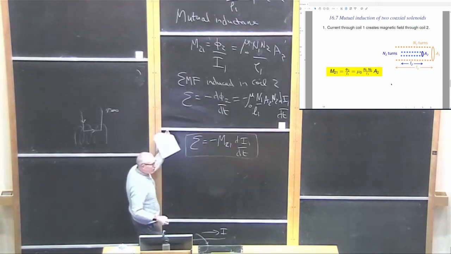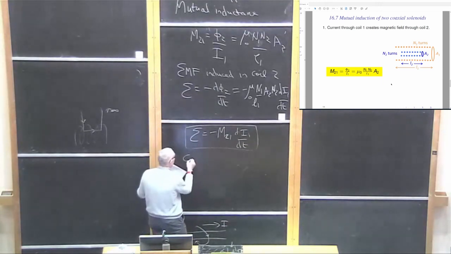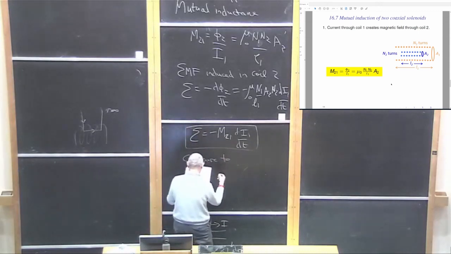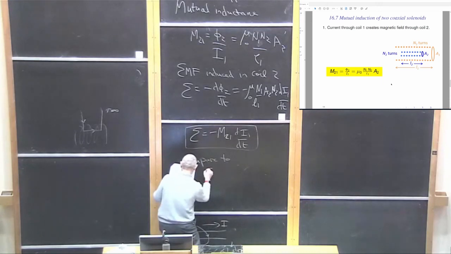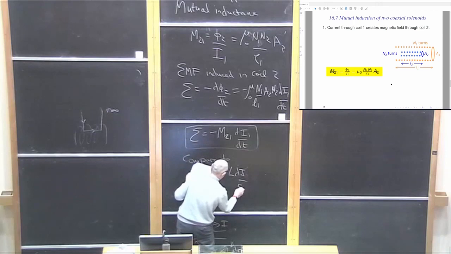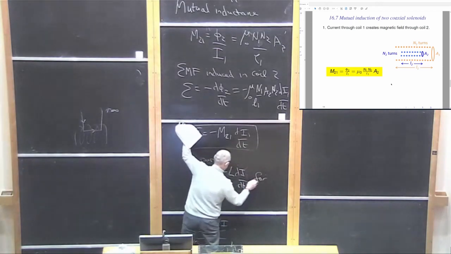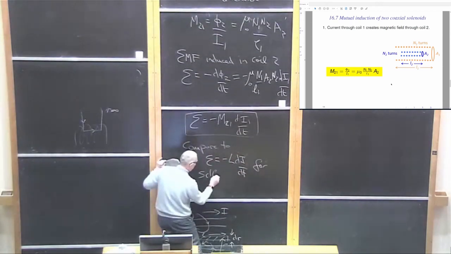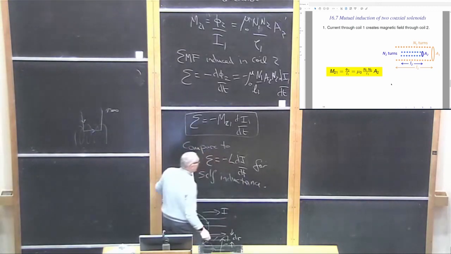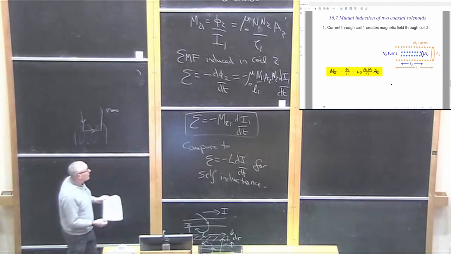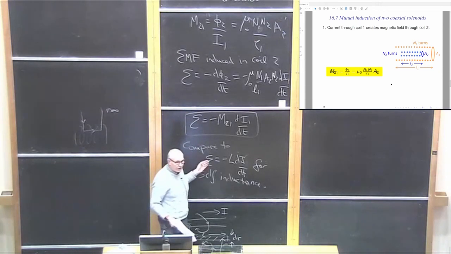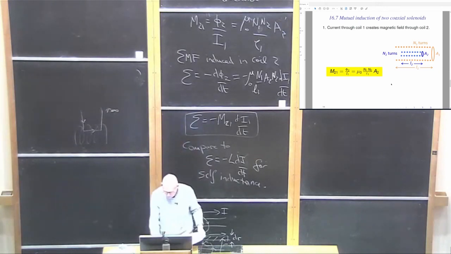So it looks identical to the equation for self-inductance, compared to that for self-inductance. So it has exactly the same form, right? So this is for mutual inductance, that's for self-inductance. You don't expect it to have any different form.